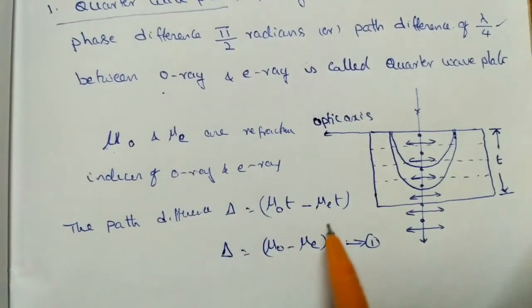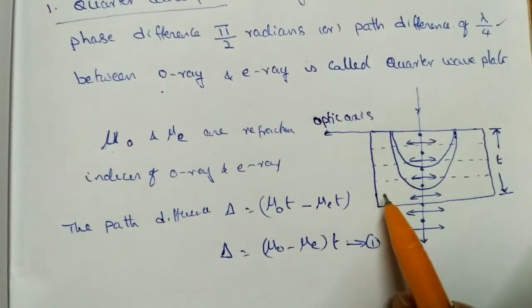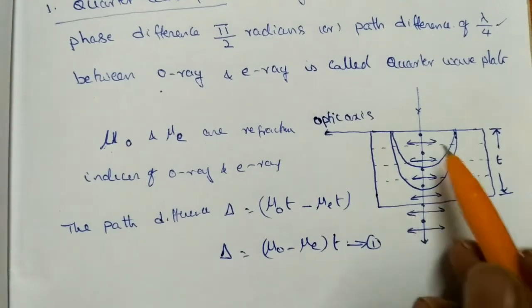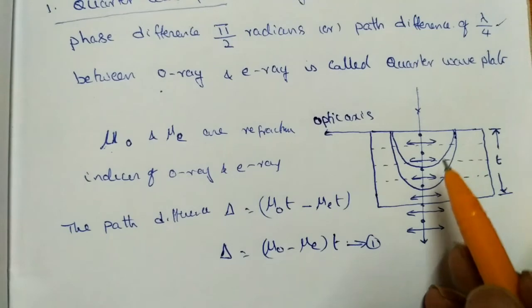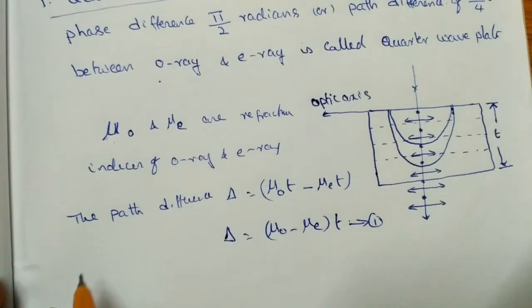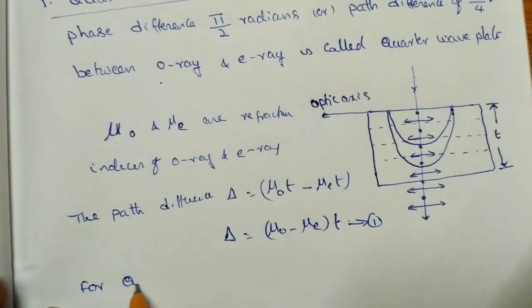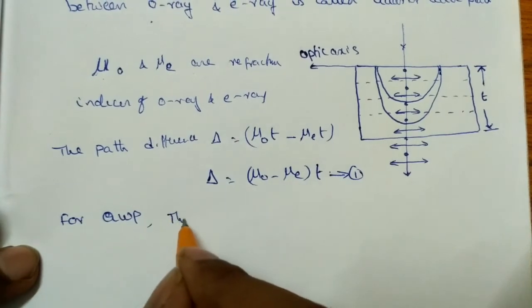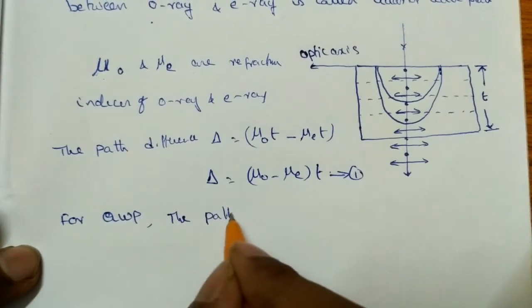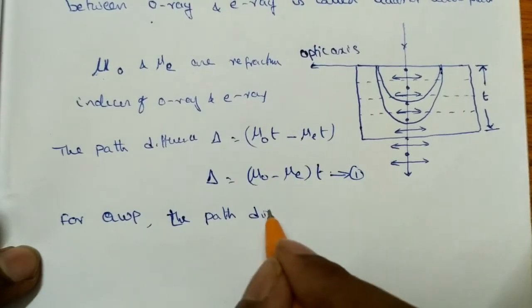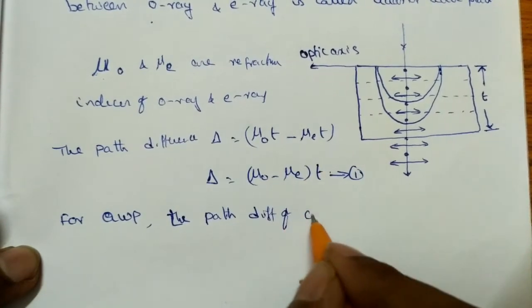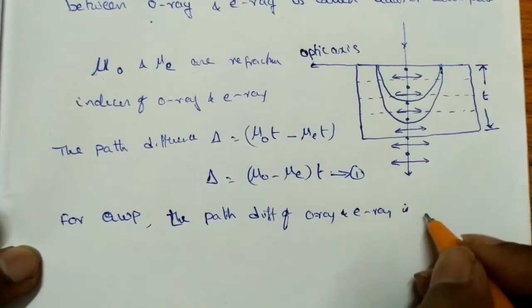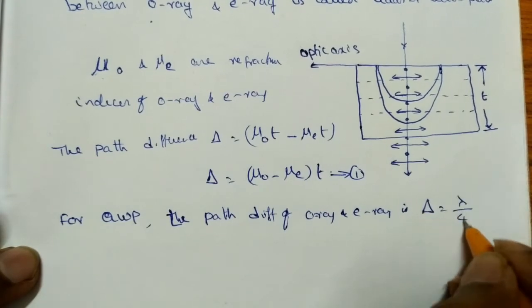This term is in terms of the refractive indices and the thickness of the crystal. Now we consider the path difference for the quarter wave plate. The path difference of the O ray and E ray is delta equal to lambda by 4.